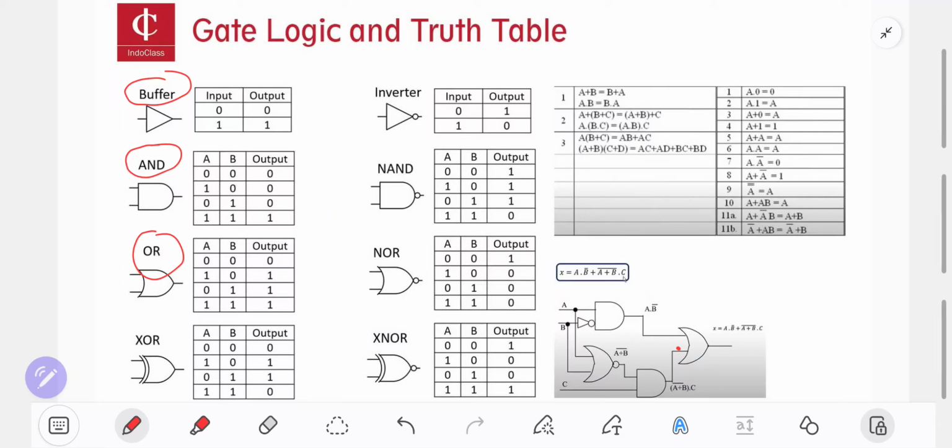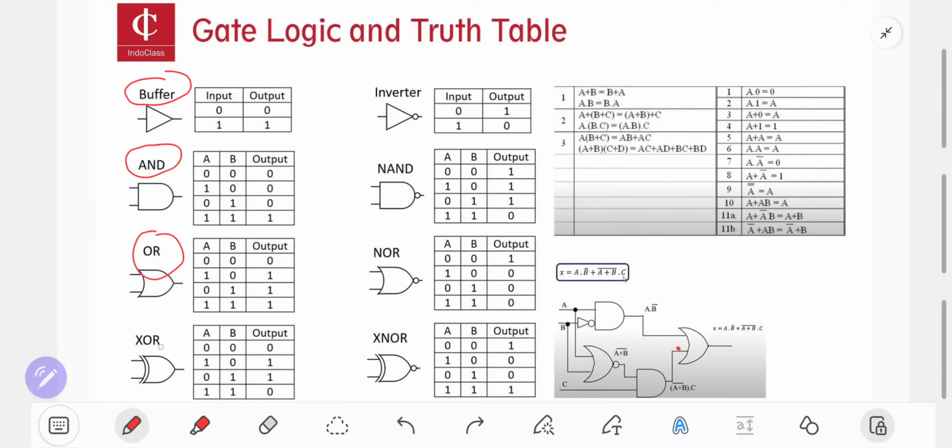They are basic gate logic, and the other items like XOR, XNOR, NOR, NAND, and inverter are derived from this basic.